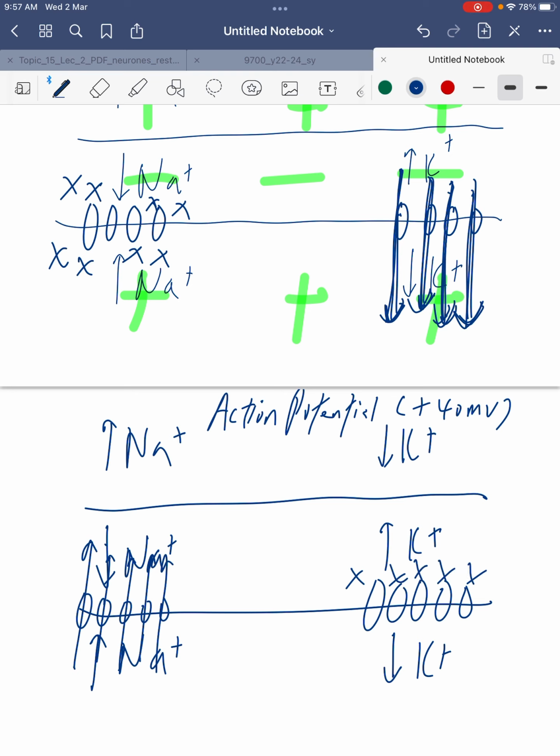It's the reverse: potassium channels are closed, sodium channels are open, so sodium can enter, and that's why the inside is now positive and the outside is negative.